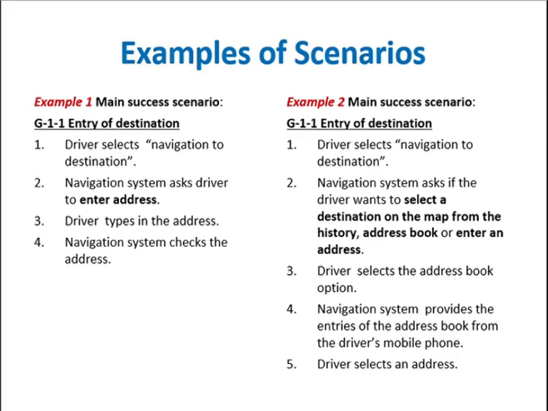So between this example 1 and example 2, which one did you prefer? Which one that you like better? Example 1, example 2. Why? Because you have more option, right? So usually user like that.